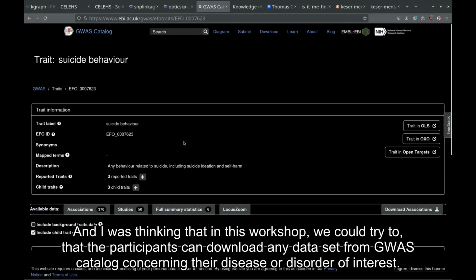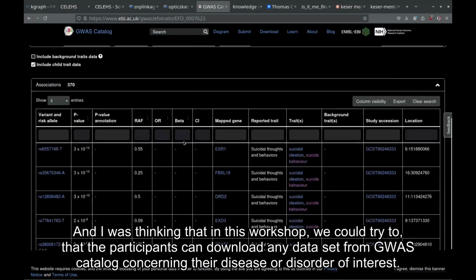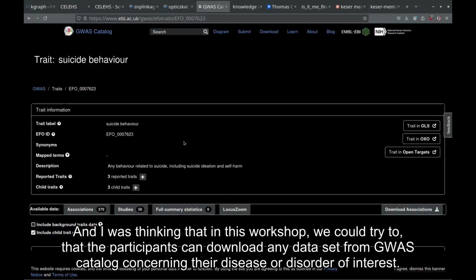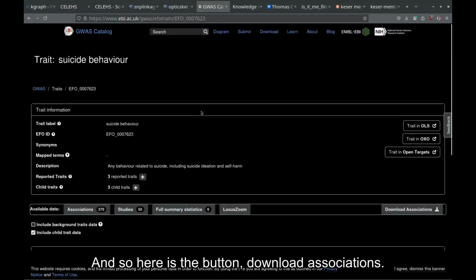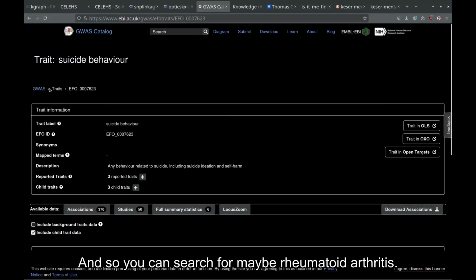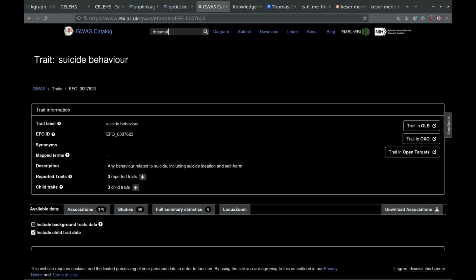And I was thinking that in this workshop, the participants could download any data set from GWAS catalog concerning their disease or disorder of interest and try to do the similar visualization as I do in the vignette. So here is the button, download associations. And so you can search for maybe rheumatoid arthritis.